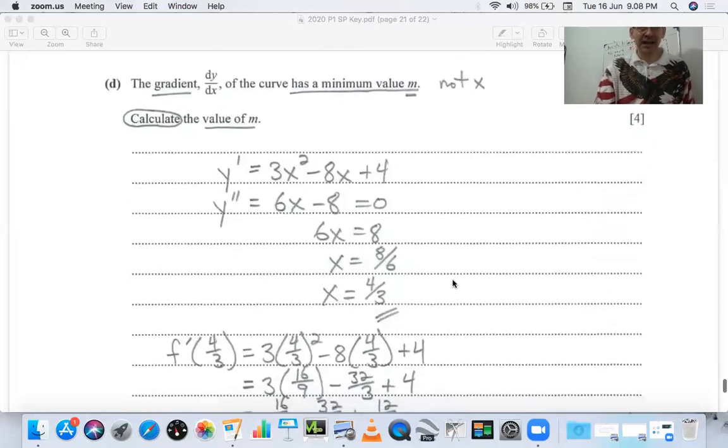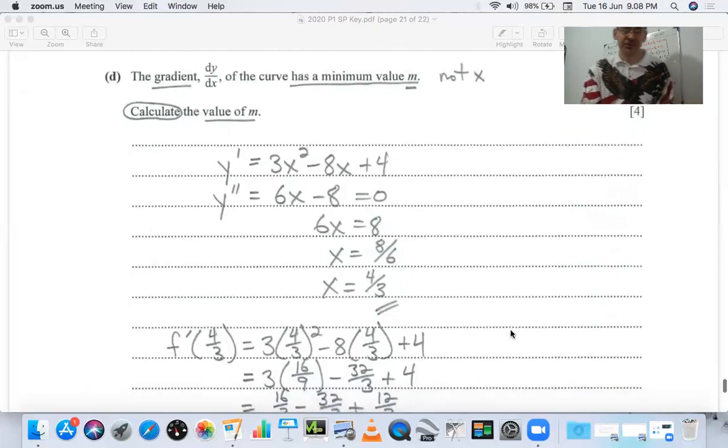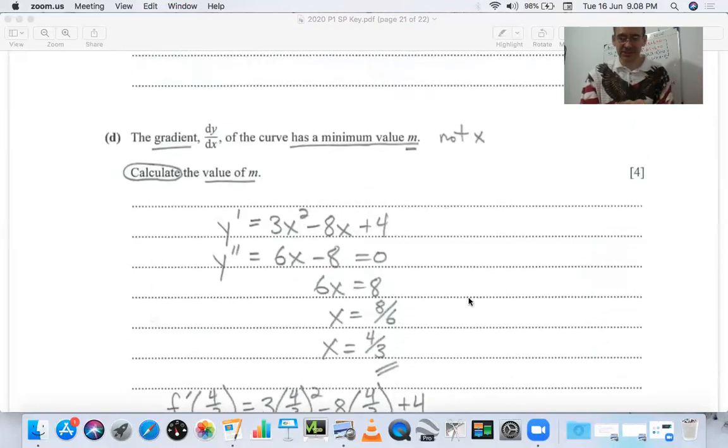Now it's not actually asking us for the x coordinate of the minimum. It says the minimum has a value m. How do you find the value? Well, you have to plug in your x coordinate to get the value. So notice m is not the x coordinate.